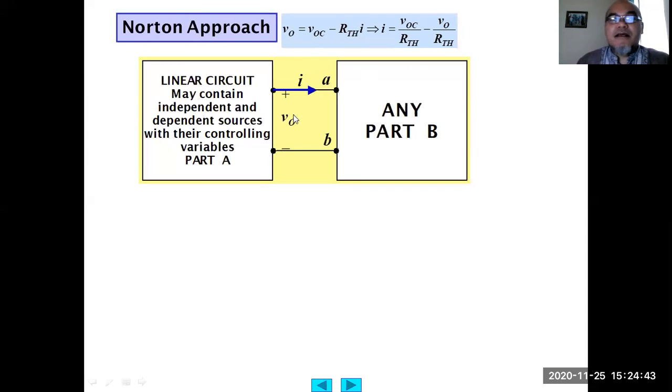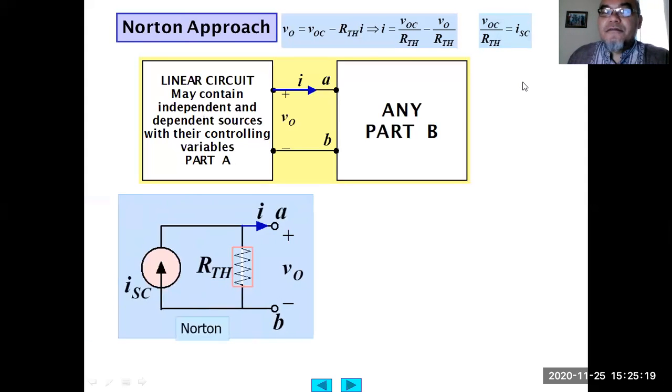So here V output from the previous slide, V output equals VOC negative RTH I, or the current here equals VOC negative VO, right, divided by RTH. This is the current flowing. Then VOC divided by RTH from the previous derivation, we know that basically this is the short circuit current when part B is being short circuited.